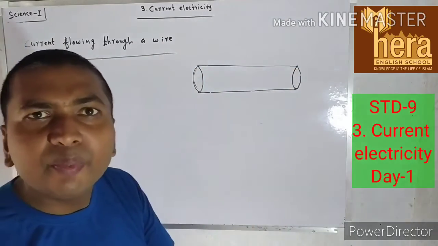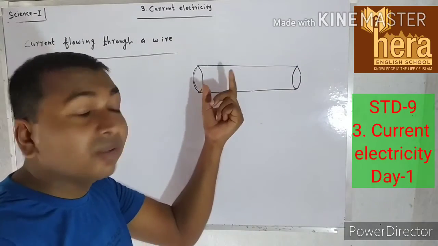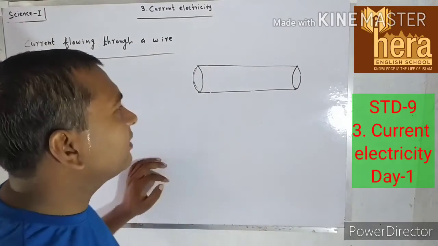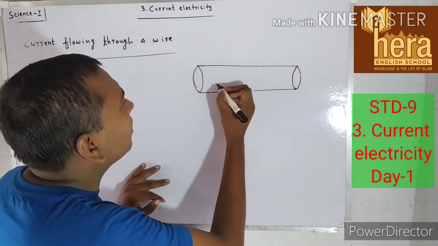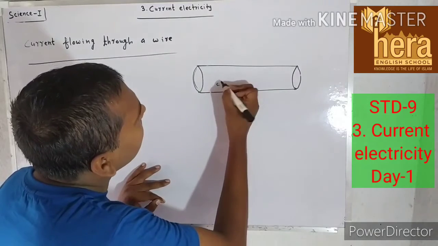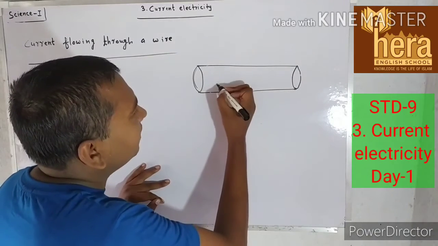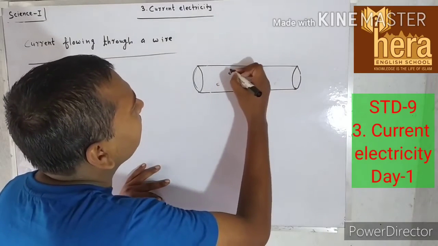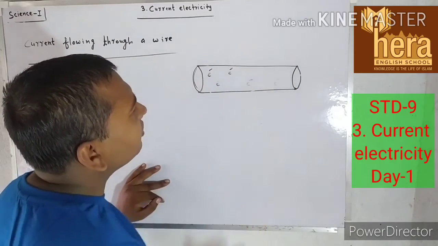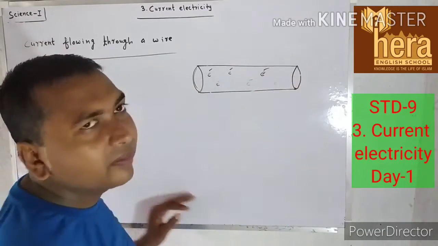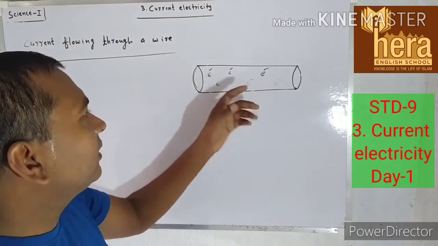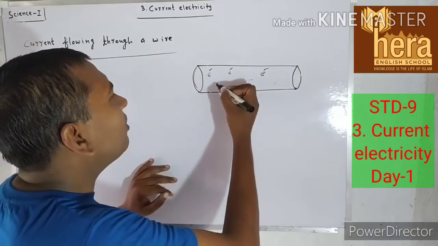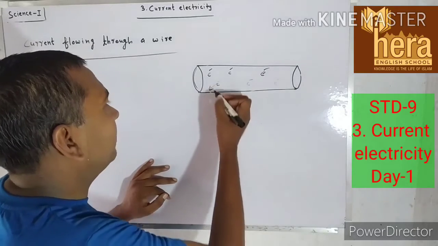If there is no potential difference applied across a metallic conductor, then these free electrons, E minus, are in random directions.